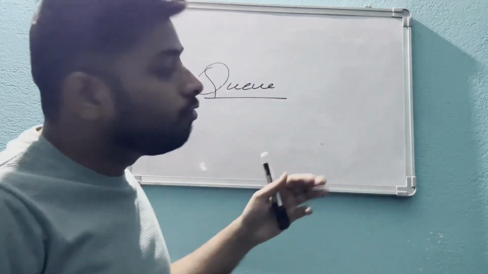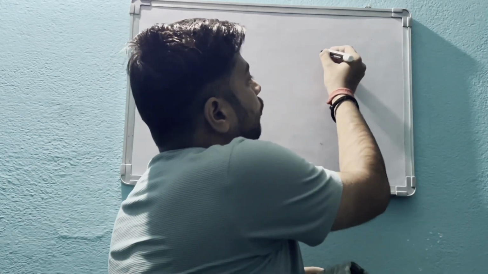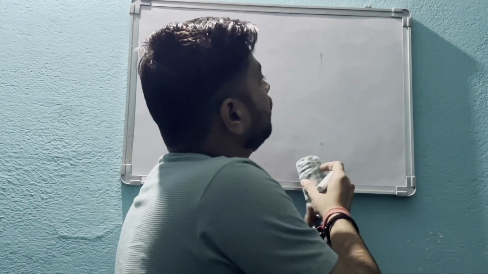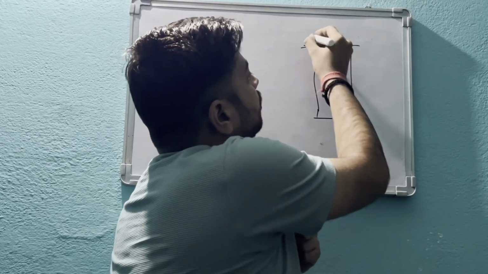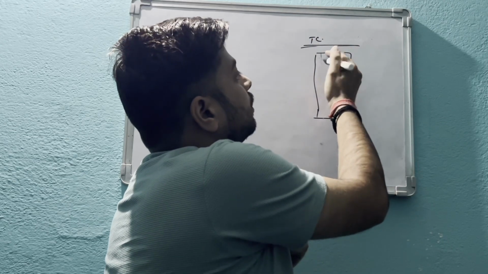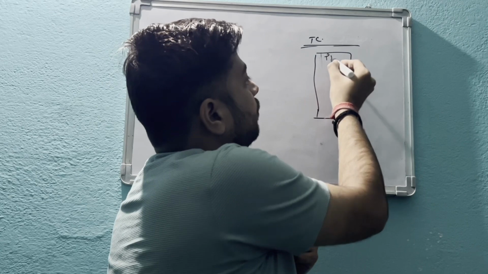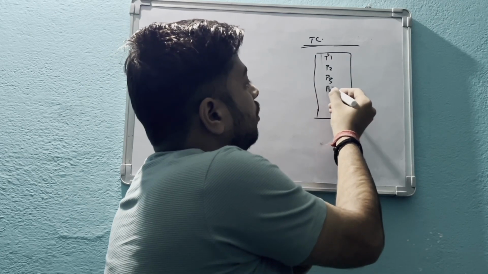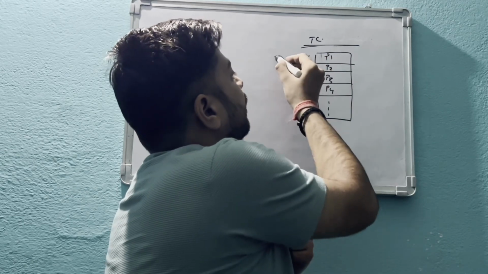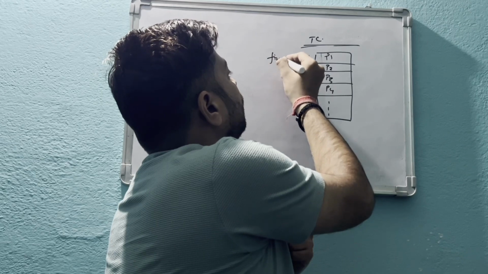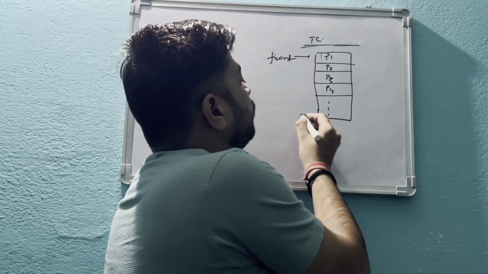To give you a pictorial view, I will just draw it in array format, since we are going to create an array for it. Consider this is your ticket counter, TC, and the people are standing in a queue as P1, P2, P3, P4, and so on. This is the front of the queue, and this could be the rear of the queue.